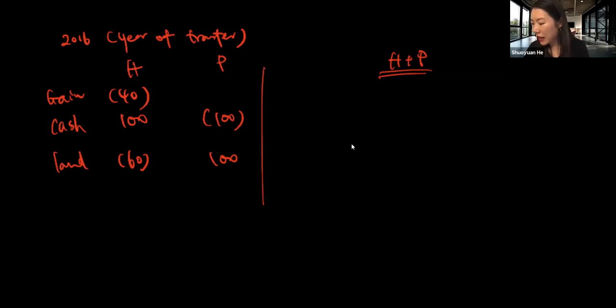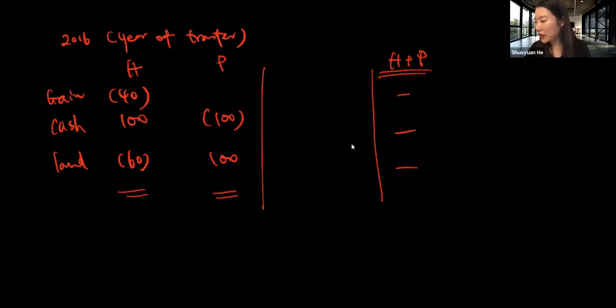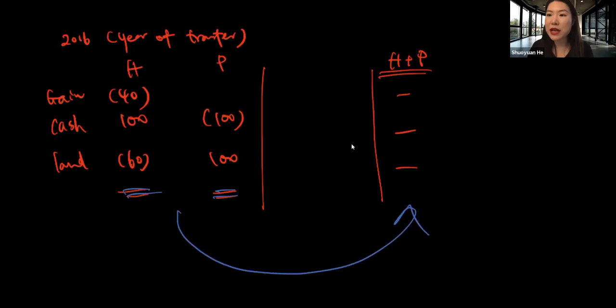And then if you look at two firms as one firm, is there anything that happens within that year? Actually, no land has been sold to the outside party. So nothing happened during the year. So we have Hastings' book, we have Patrick's book, and then we need to make them as if two firms are one firm.